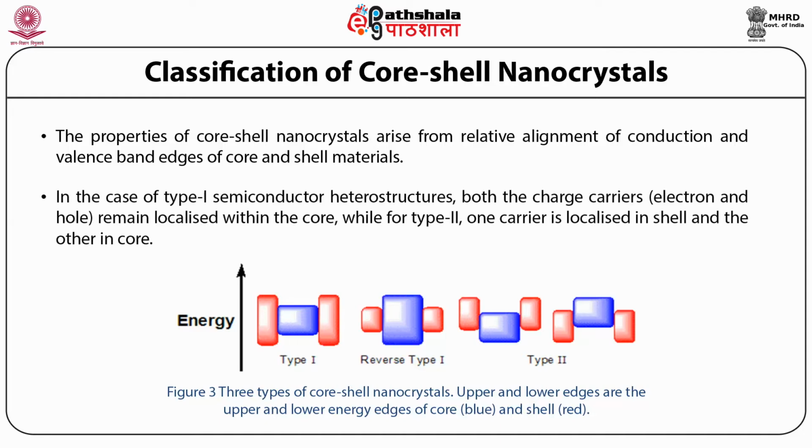In the case of type 1 semiconductor heterostructures, both the charge carriers, that is, electron and hole, remain localized within the core, while for type 2, one carrier is localized in the shell and the other in core. Figure 3 shows the three types of core shell nanocrystals. The upper and lower edges are the upper and lower energy edges of core and shell particles.